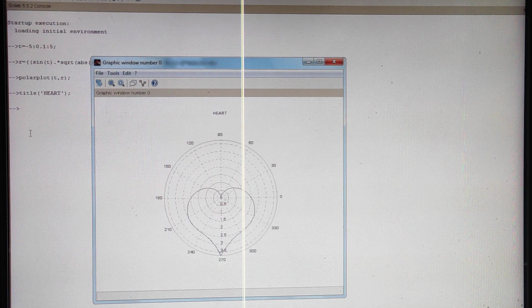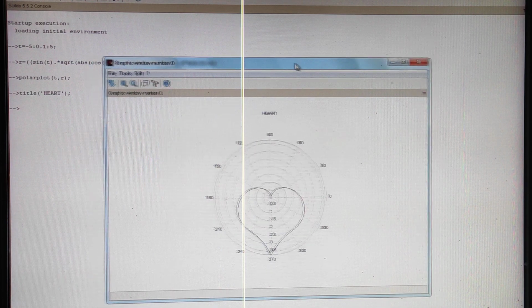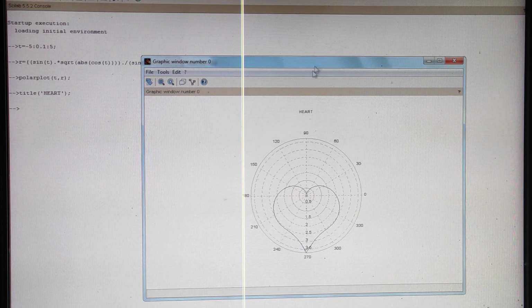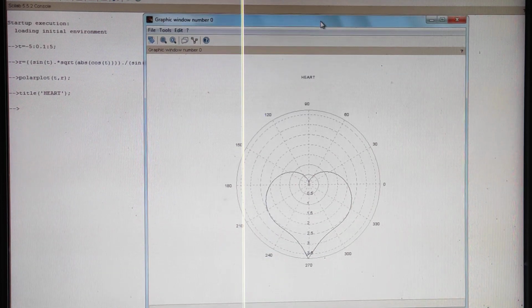See here. I am slightly magnifying the graph. See here, the graph is like this.